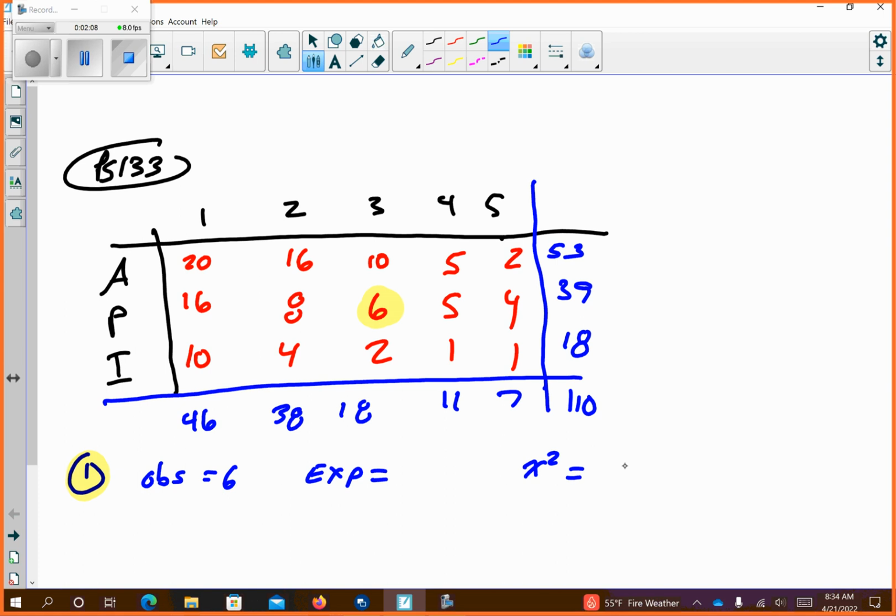All right, so how do we do the expected with that? Remember? Row times the column divided by the total.